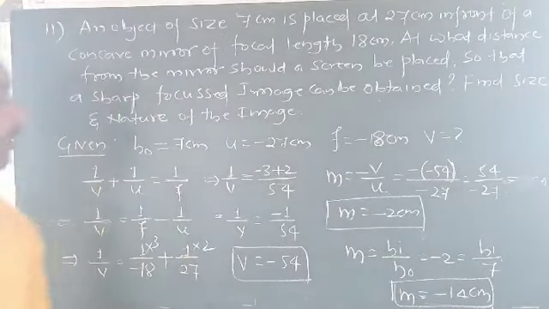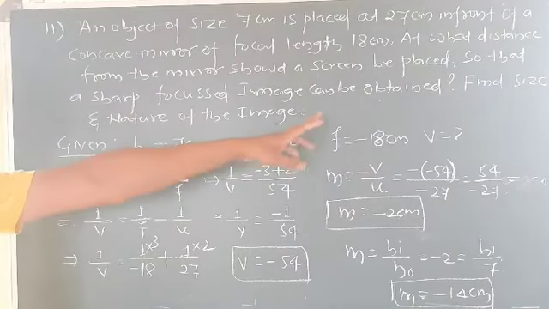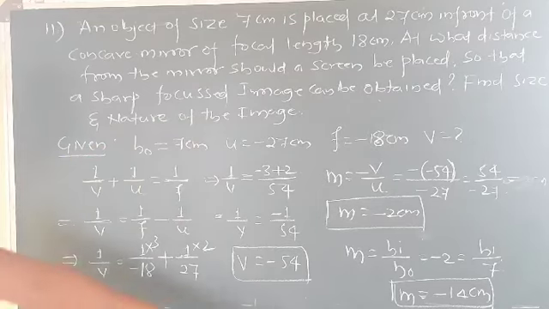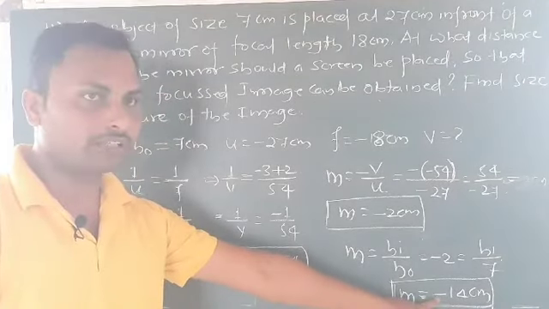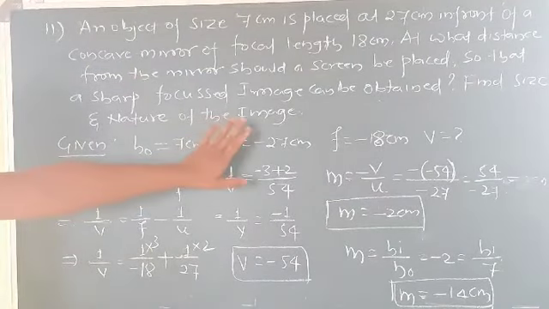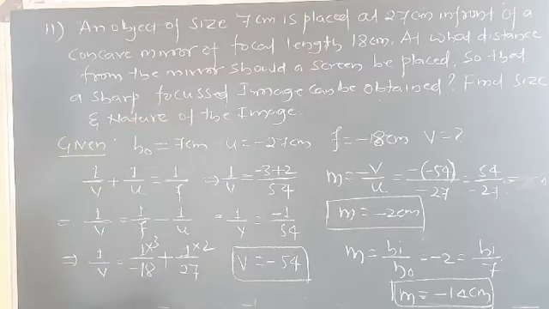Once we have this, what they told is find the size and nature of the image. Here it is coming minus, so we can say real and inverted. And where should we keep the image? It is on the same side of the object.